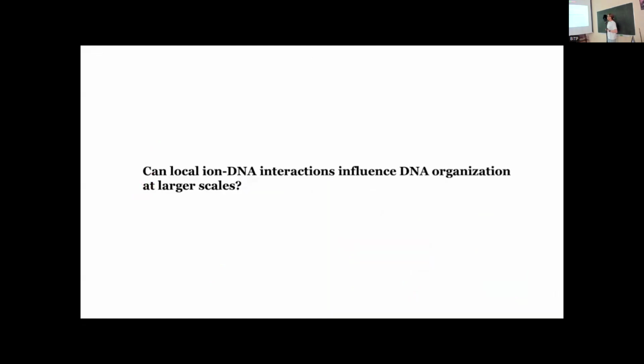Taking into account the strong binding of the lithium ions to the phosphate groups of DNA, one question can be raised: can the local ion-DNA interactions influence the DNA organization at larger scales?